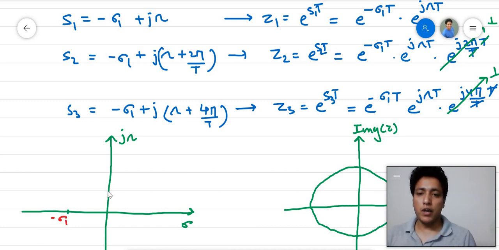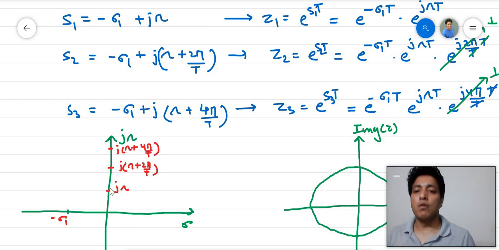Now this point is j omega. Then after 2 pi by t, it will be here, j omega plus 2 pi by t, and after some point it will be j omega plus 4 pi by t, and it will go on.